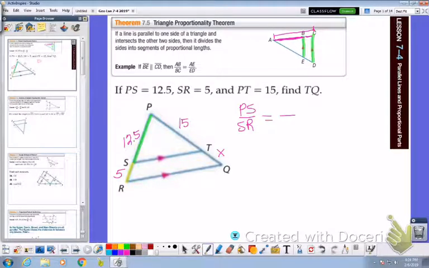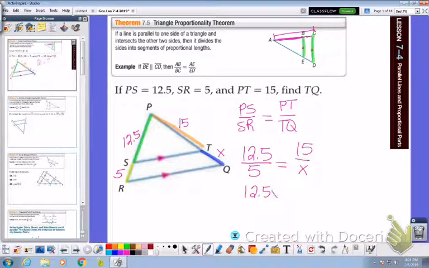And then we're going to take PT to TQ. Now we can fill in what we've got. We've got 12.5 to 5 is equal to 15 to x. Cross multiply. 12.5x is equal to 5 times 15.